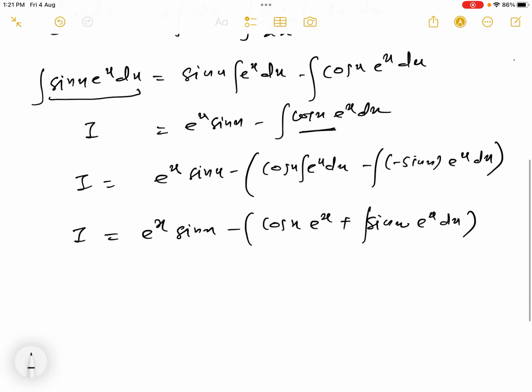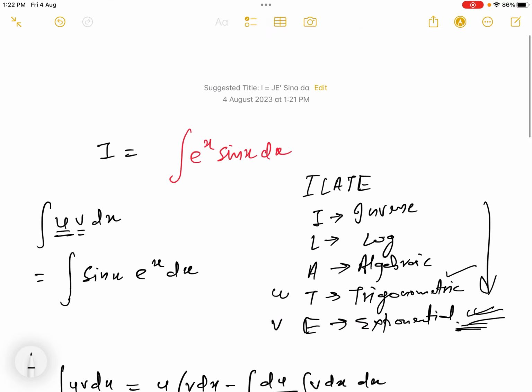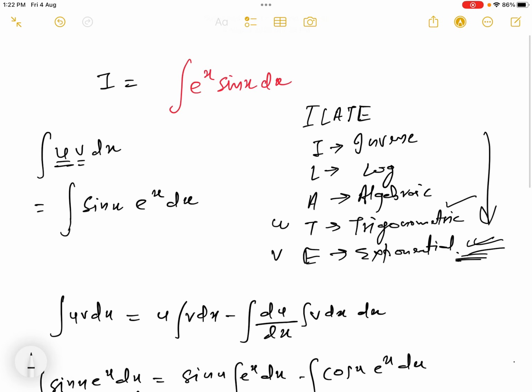Now on carefully observing, we'll get this function again, so we replace this with I. So we can write I equals e power x sin x minus cos x e power x minus I. That was the function which we have taken earlier.